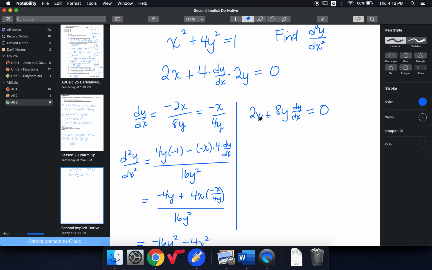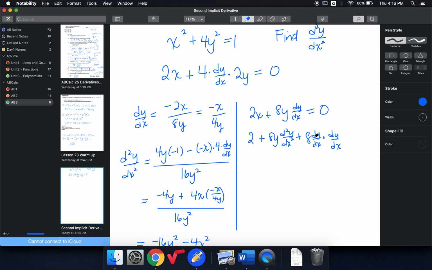All right, so now if I differentiate again, I'm going to have 2 plus first times the derivative of the second, plus the derivative of the first, well, that's going to be 8 dy dx times the second, which is another dy dx.